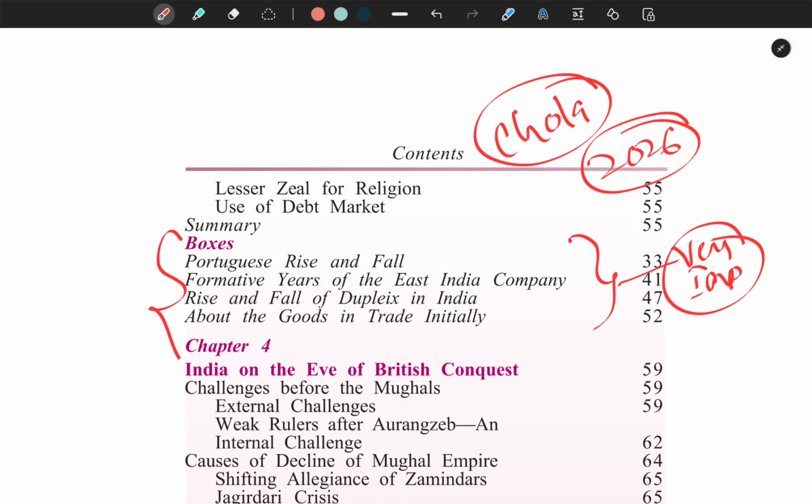Sir, the PM visited Chola architecture, Chola places like Brihadeeswara, Tanjavur, that's why the question came. No, man. The Chola dynasty itself has been a high-yielding topic for the last two decades.